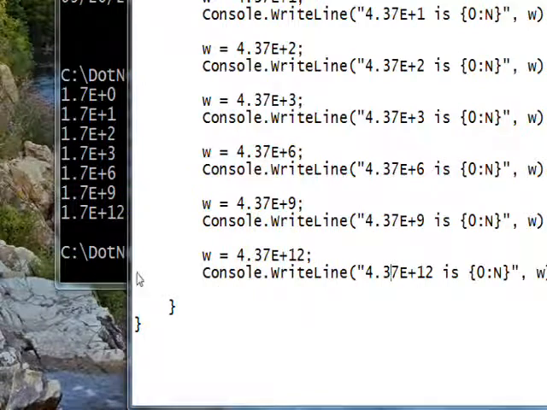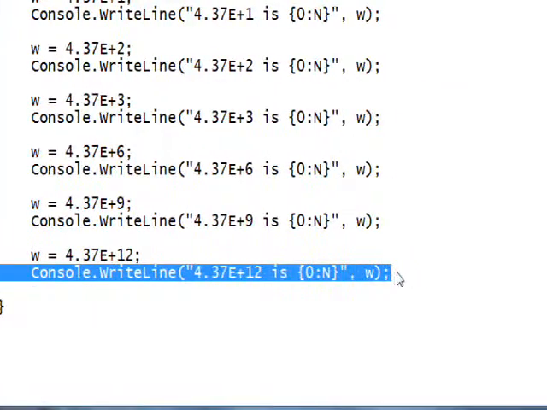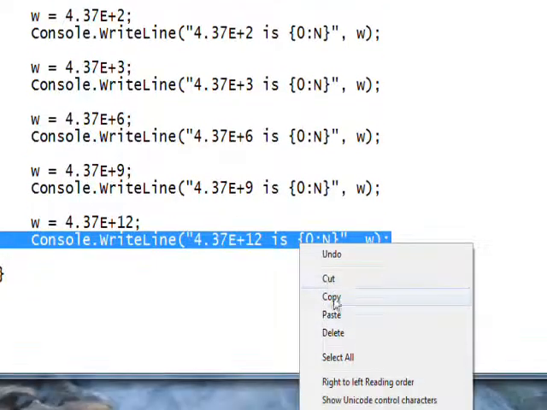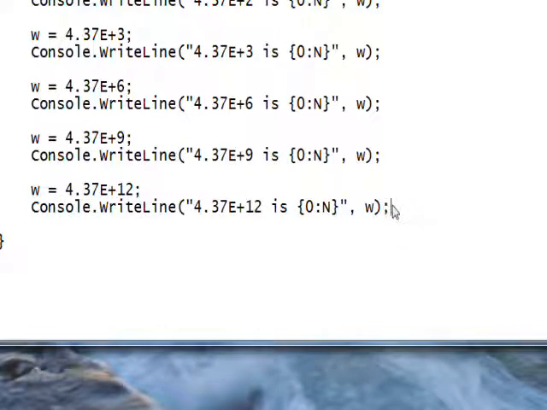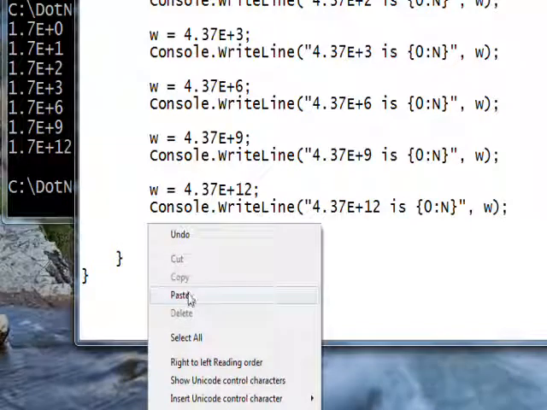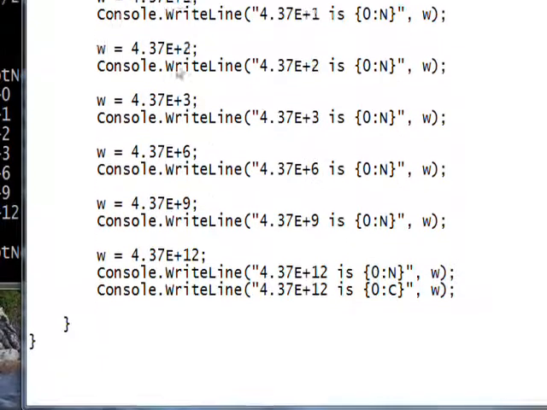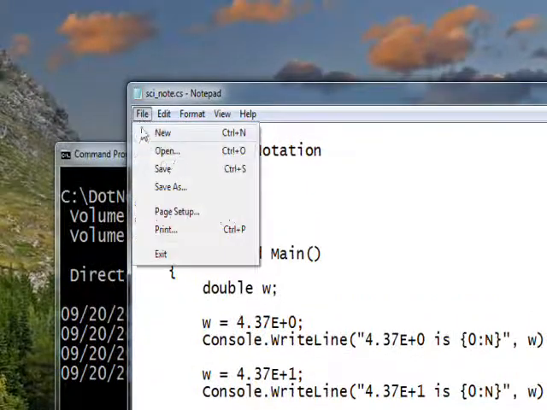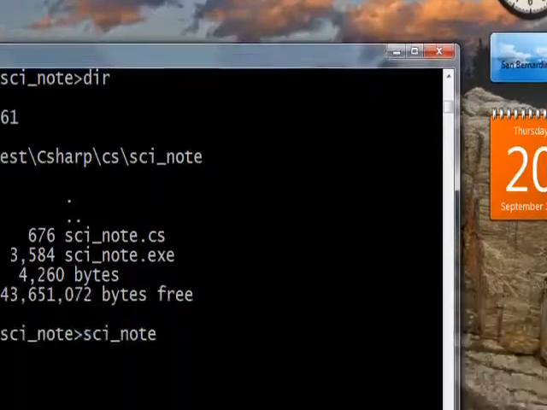Another useful notation is C, which is for currency. So if I highlight that and right click and press copy, and then go down a line and right click and press paste, and then change this to a C, and then do a file save and exit out.